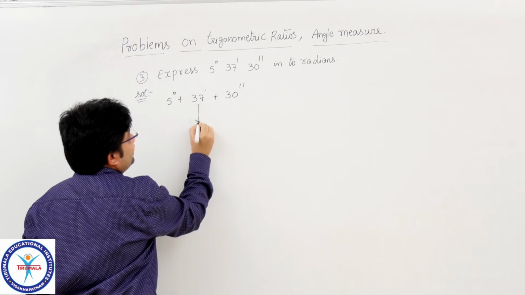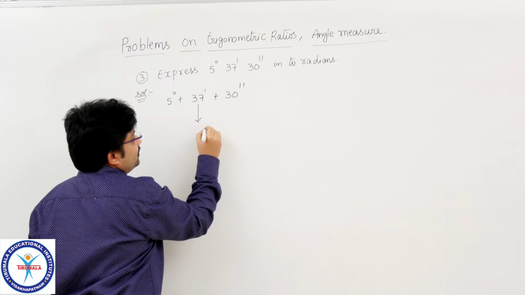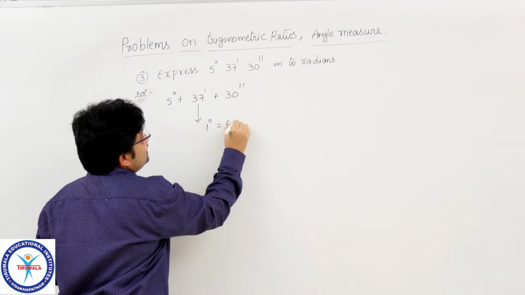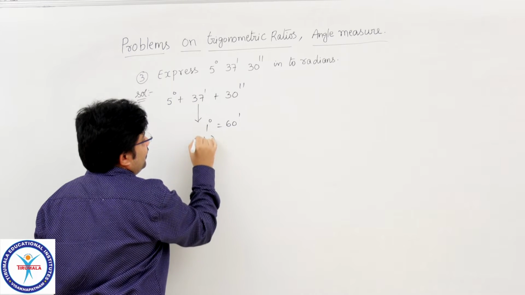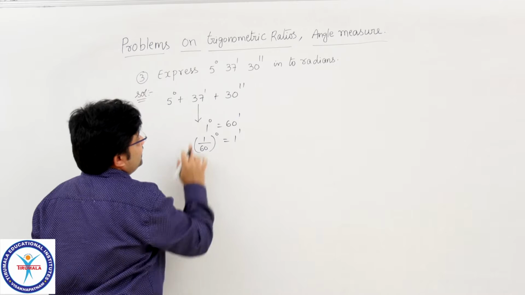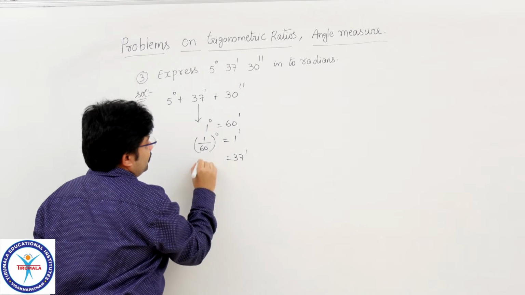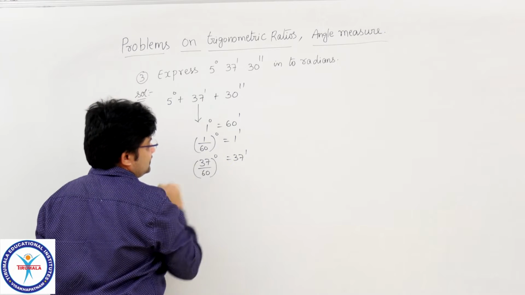Converting 37 minutes into degrees. We know that 1 degree is equal to 60 minutes. Then 1 by 60 degrees is equal to 1 minute. 37 minutes is equal to 37 by 60 degrees.